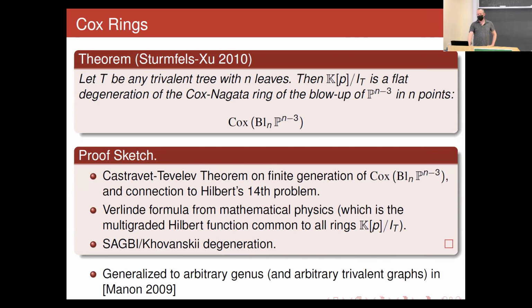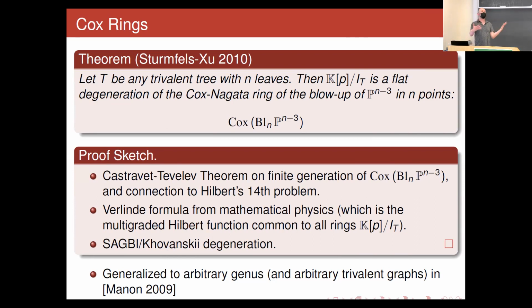And then lastly, there's this notion of Khovanskii degeneration or SAGBI bases that is useful for putting all these things together. This has been generalized somewhat by Chris Manon to beyond trees, but still in this CFN model situation.